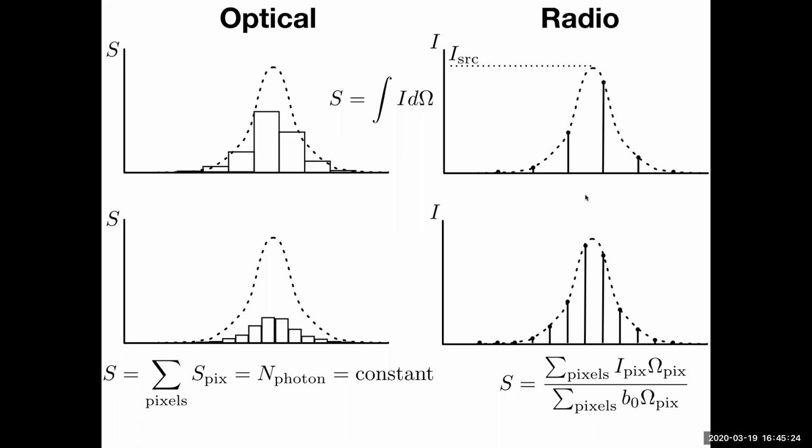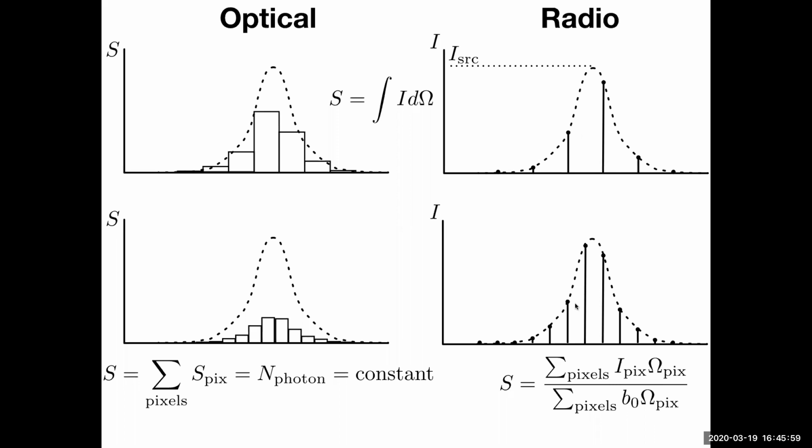You can see it is picking out the same intensity value as the underlying distribution, but only in a single pixel, at the exact center of your pixel. And so if you were to double the number of pixels on each axis, so you have 4 times as many pixels, you're sampling your function in more places. And the integral, or the summation over pixels, is not conserved. So if you try to integrate over your source to get the flux density, it's actually a slightly more complicated thing, because it depends on how you've sampled your image, how many pixels you have, and how densely you've sampled.